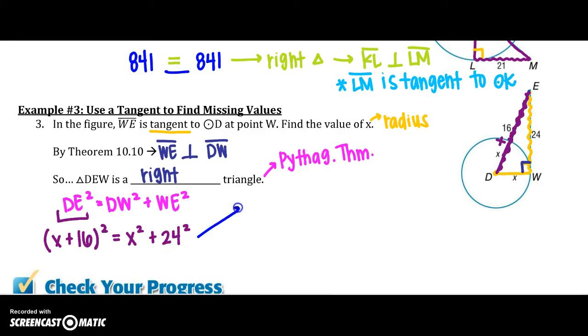I'm going to move this over here. When you go to solve this, you actually have to FOIL x plus 16, because there are two of them, x plus 16. So remember your FOIL method.